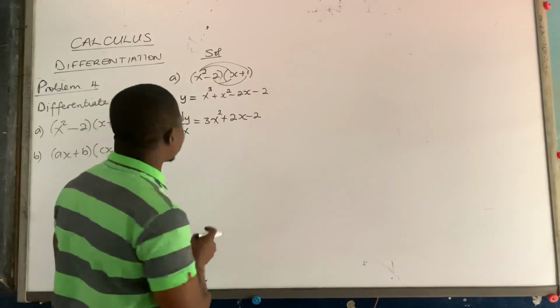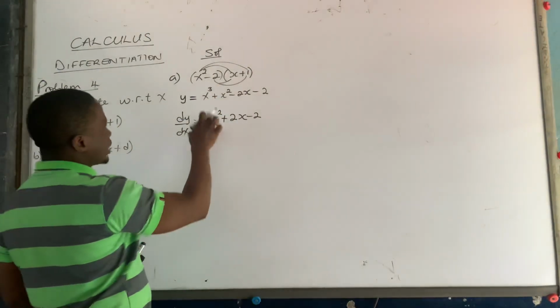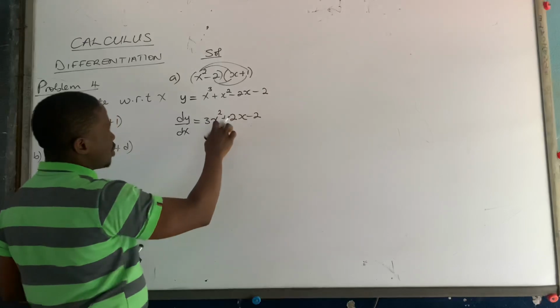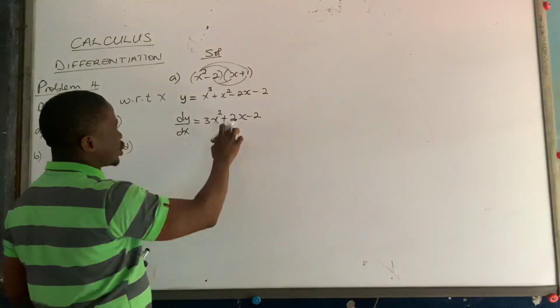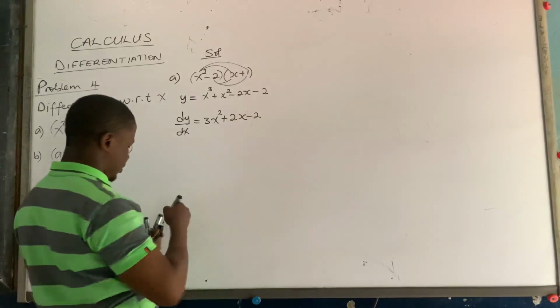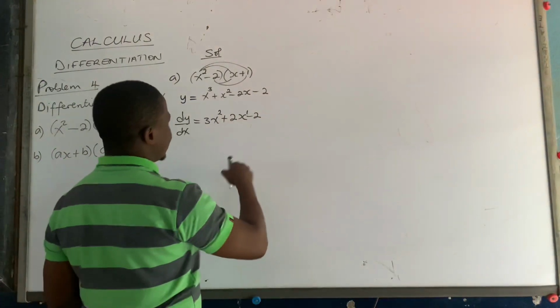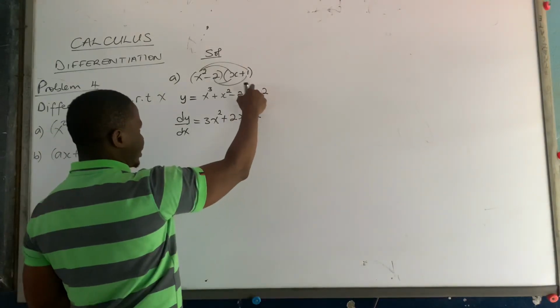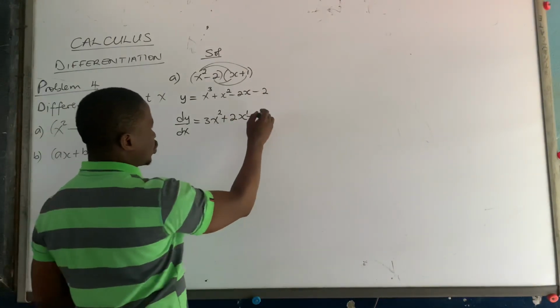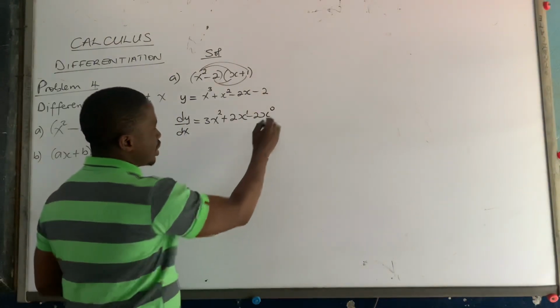If you want to see all that, 3 times 1 is 3x, 3 minus 1 is 2. Plus 2 times 1 is 2x, 2 minus 1 is 1. Then again, 1 times minus 2 is minus 2, 1 minus 1 is 0.